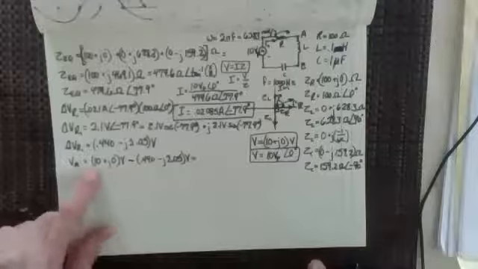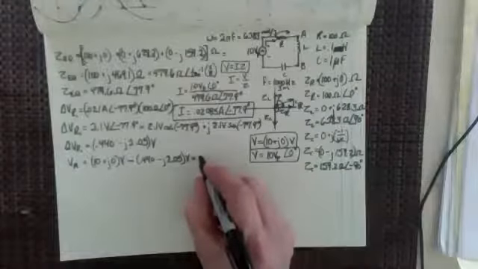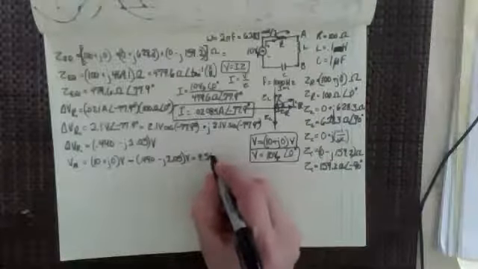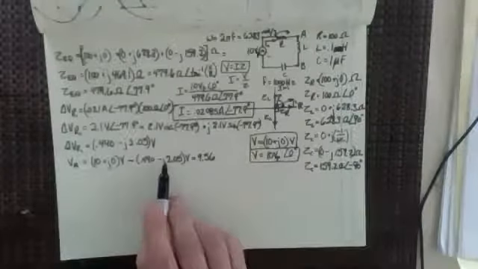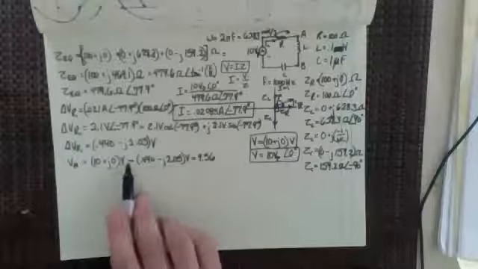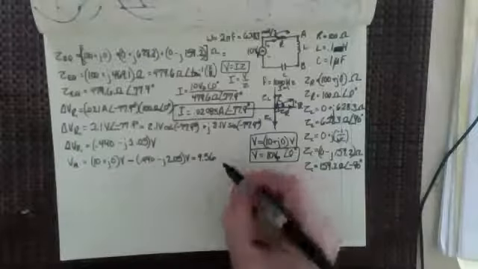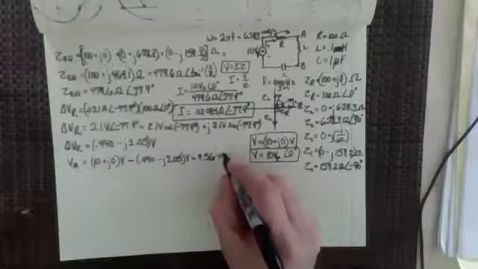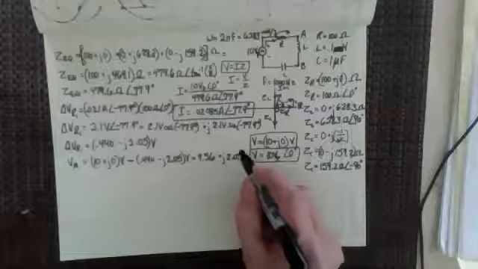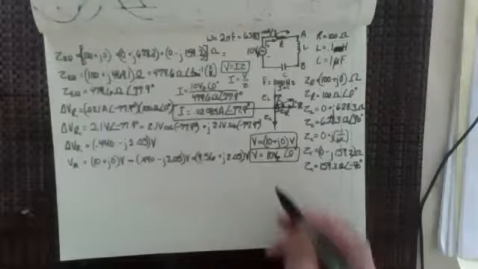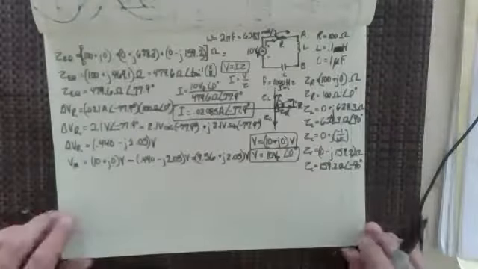So 10 minus 0.44 is 9.56 volts. And then I've got to plus that, don't I? Because a minus and a minus gives me a plus, so that's plus J 2.05. And that's going to be my voltage at A.